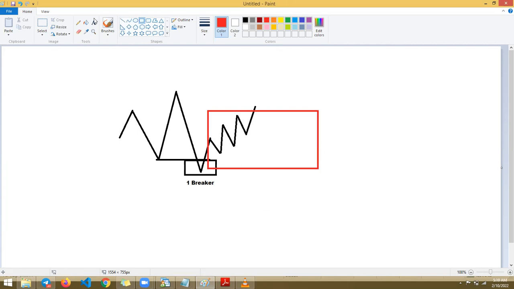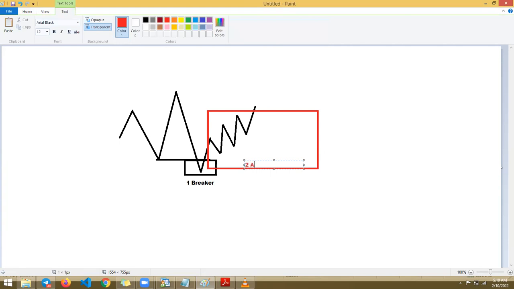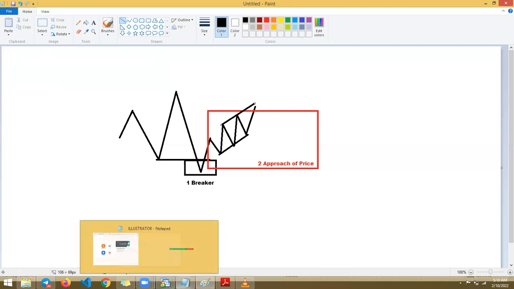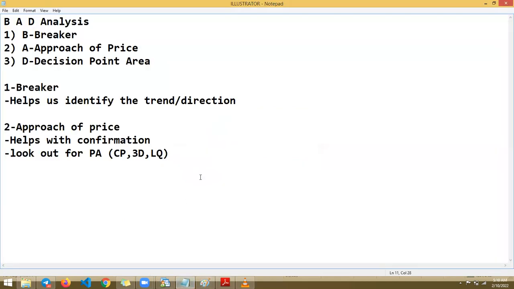Down here we have approach of price, and you can see we have a compression and a possible 3 drive, something like that.